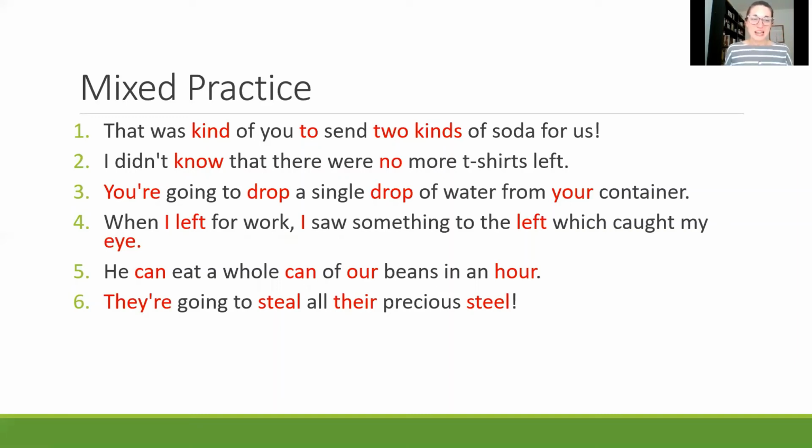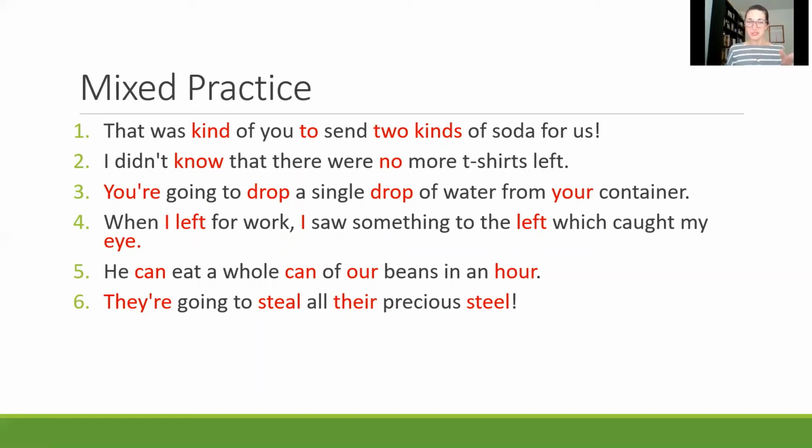For number 2, we see, I didn't know that there were no more t-shirts left. So our first know, when we see K-N-O-W, means that we're thinking of knowledge, something in your brain. And the second one, no, the opposite of yes, right? There is none, right? There were no more. That means there's 0 t-shirts. So the third one says, you're going to drop a single drop of water from your container.